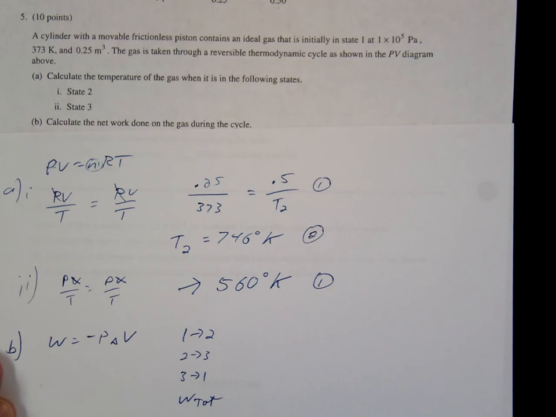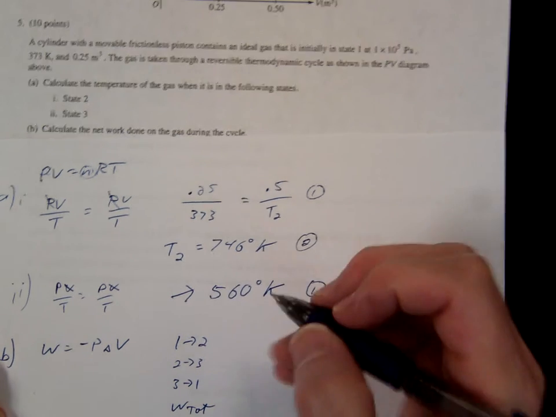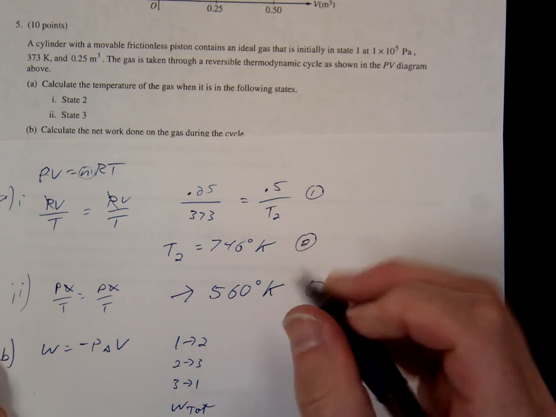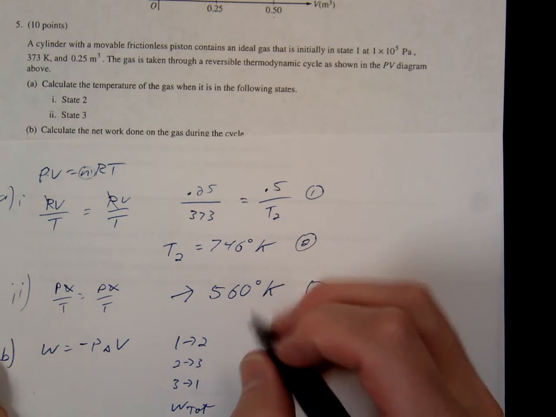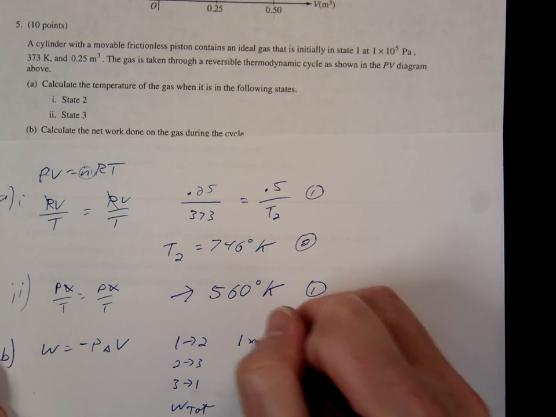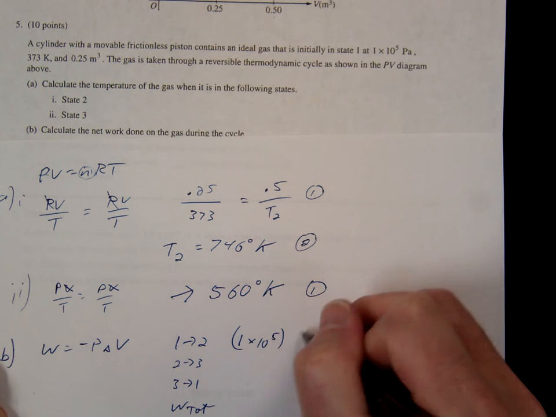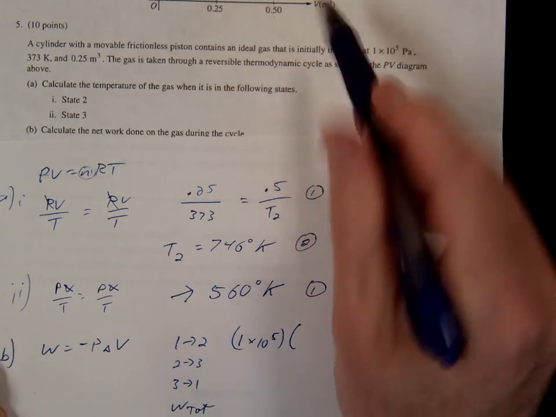I'll do the first one just to make sure we're on the right track. So 1 to 2, the pressure is 1 times 10 to the 5th, and then delta V, that's final minus initial.